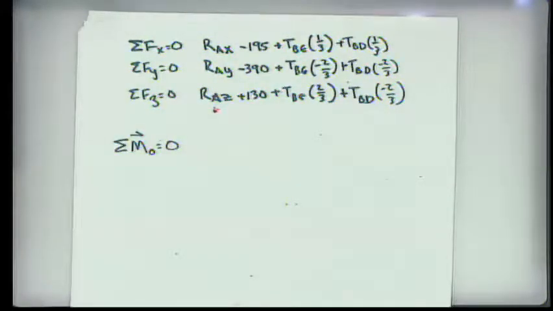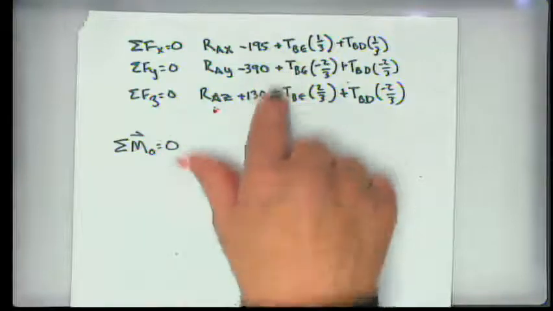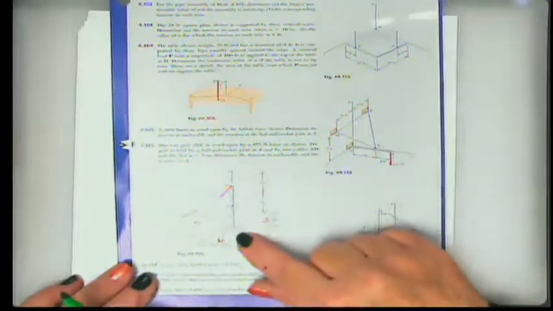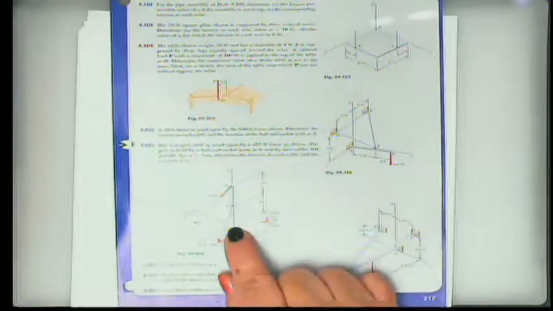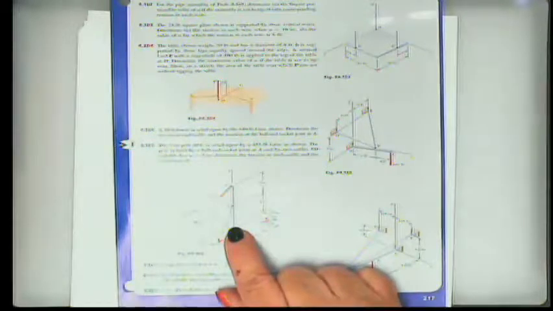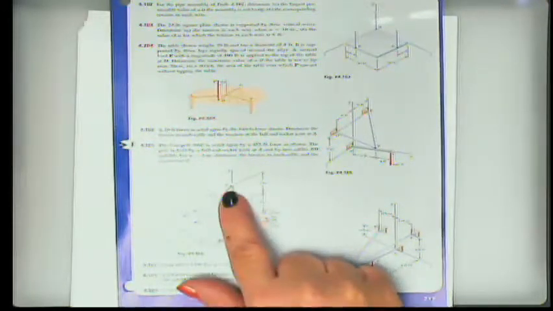All right, now we're not going to have to go through everything that we did here, so let's just take a breath and look at this for a moment. If we take our moments about point A, all of the moments from point A go away, don't they? So that's the good news. That means we just have these 3 that are going to be creating moments, and further, we know the values of this.